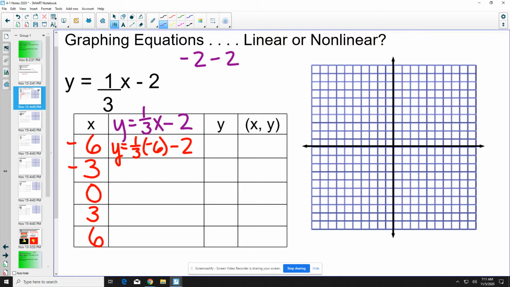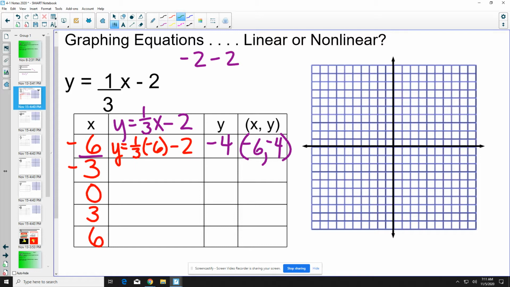They're the same. So we add to get -4, right? So here is my ordered pair. X was -6, so -6. Y is -4. So one of the points on my graph is -6, -4.